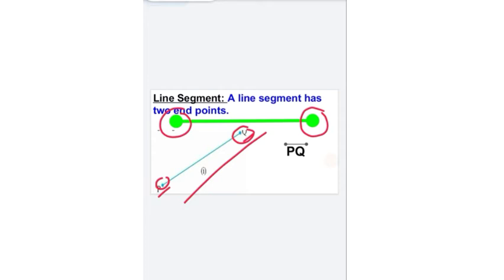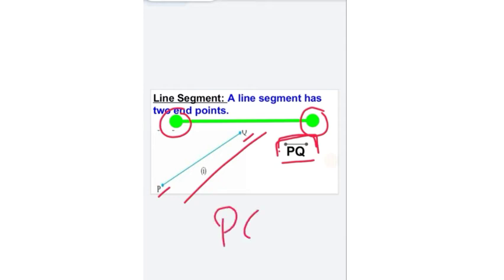Now, how can we represent a line segment? Here you can see that we have P and Q as its endpoints. So we write it as PQ, but we have to put a small line segment bar above PQ so that it is easily understood that PQ is a line segment.